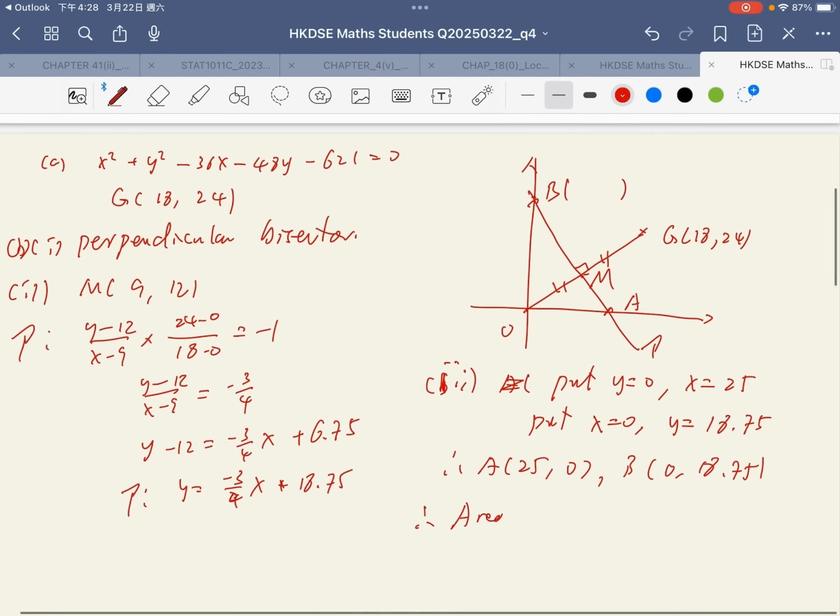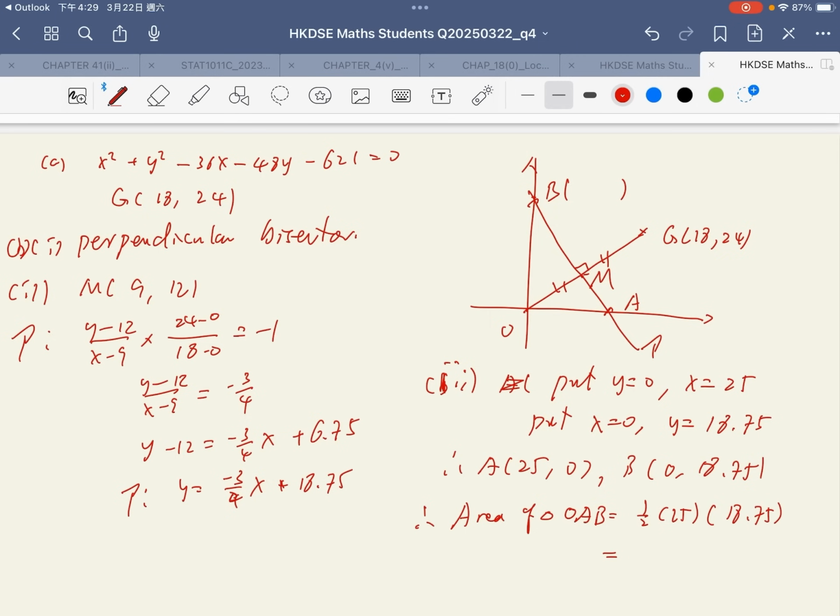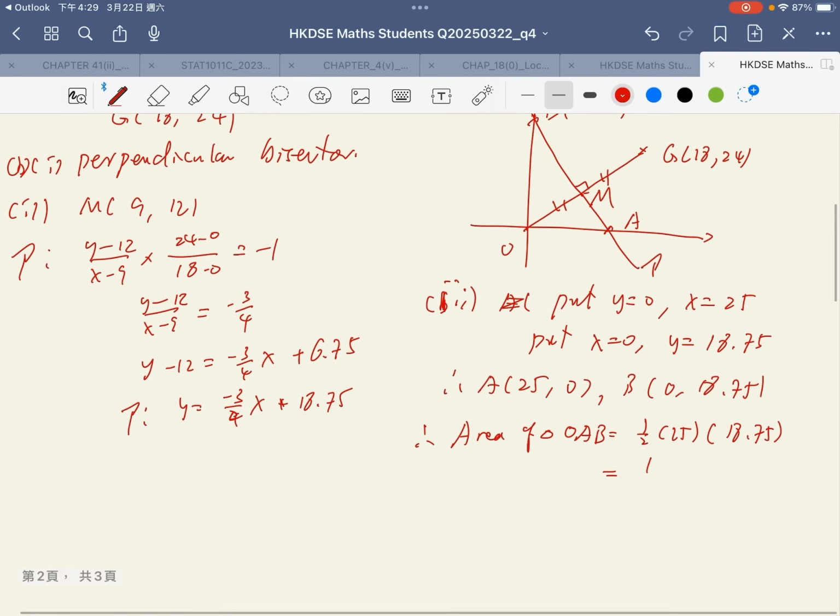The area of triangle OAB equals 1 over 2 times 25 times 18.75. For the final answer, I choose a fraction: 1075 over 8 unit square.